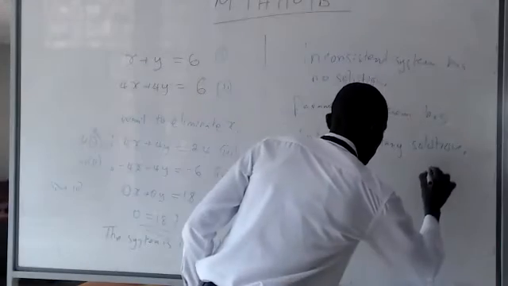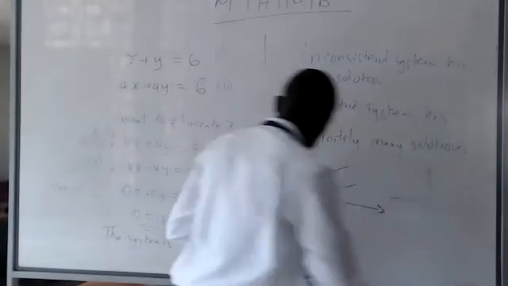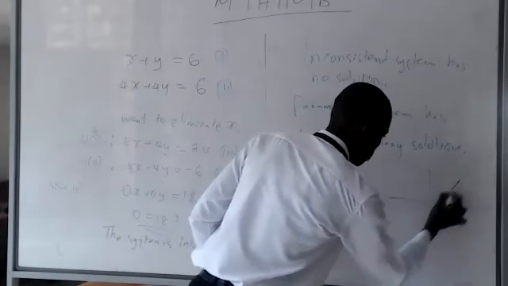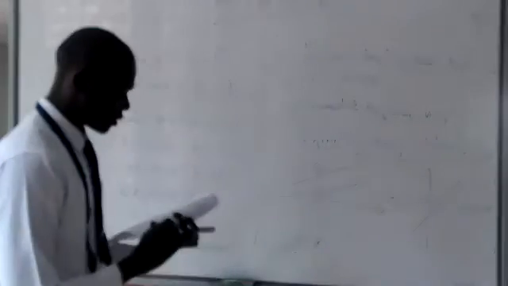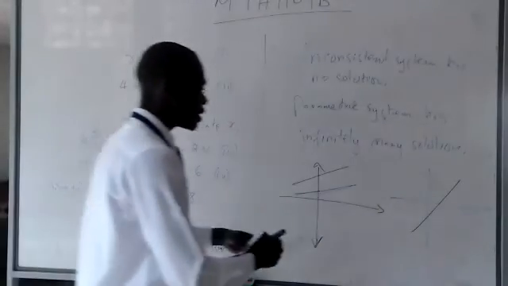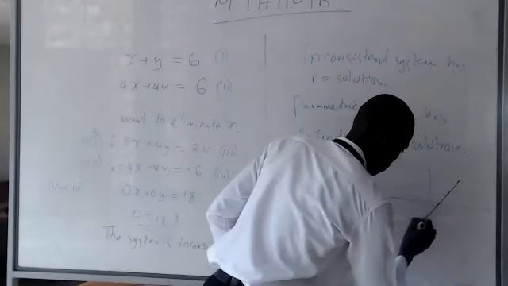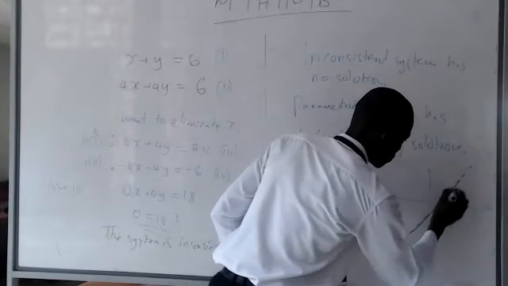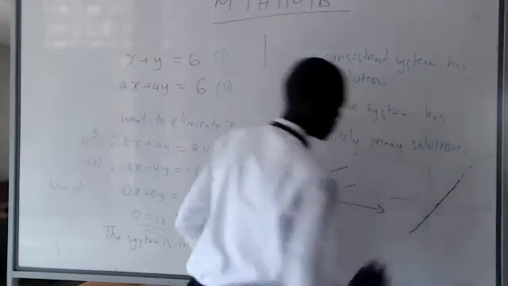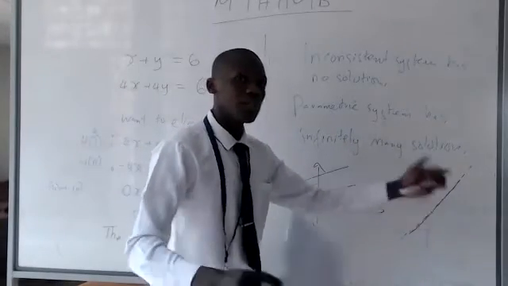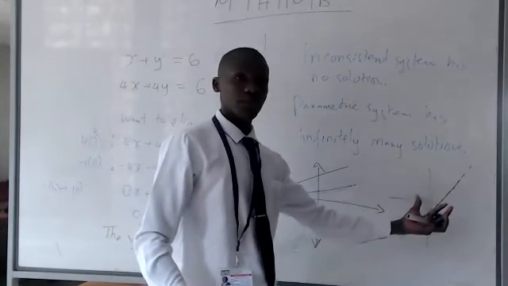Then the parametric one, when you try to graph them, for the first system, that will be the graph. And the second system will also lie on top of that. You will also override this. So you will have two seemingly different equations having the same graph.